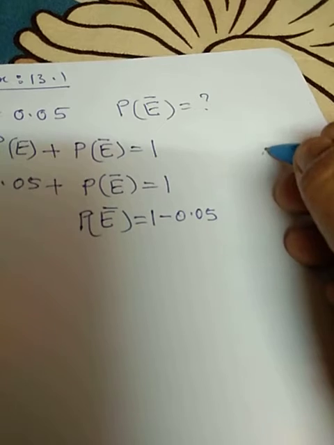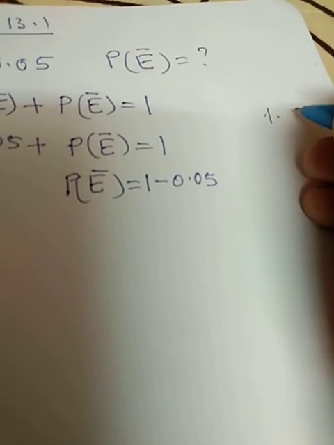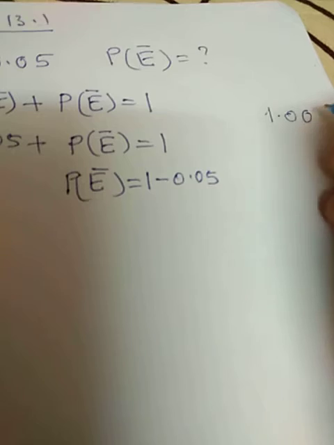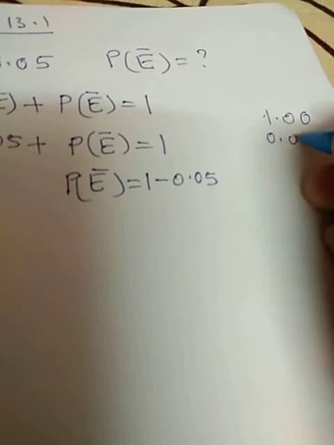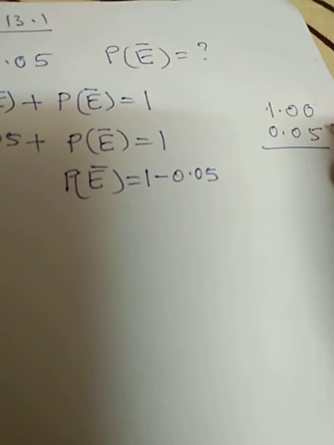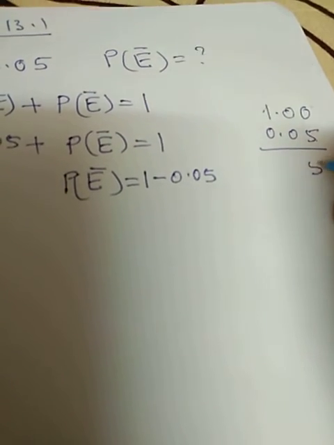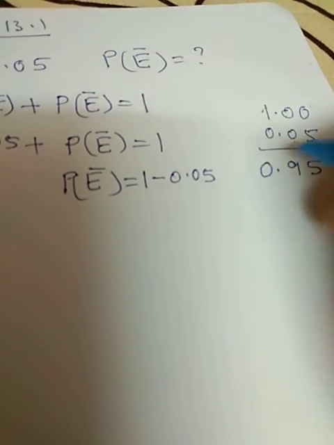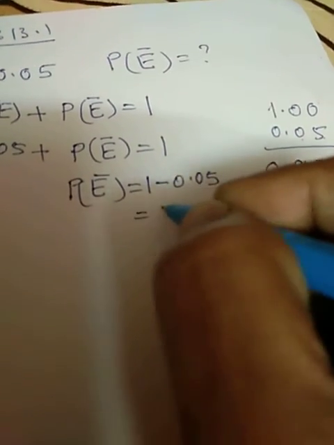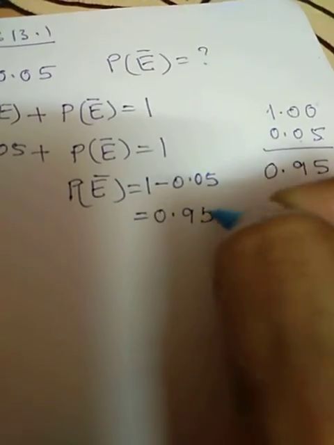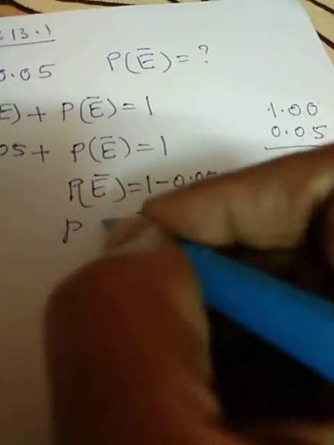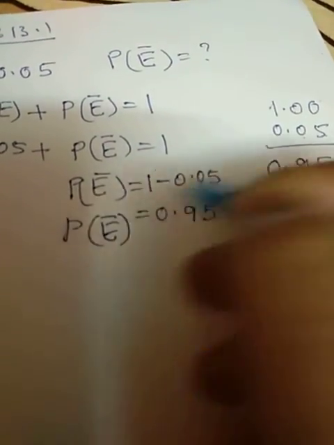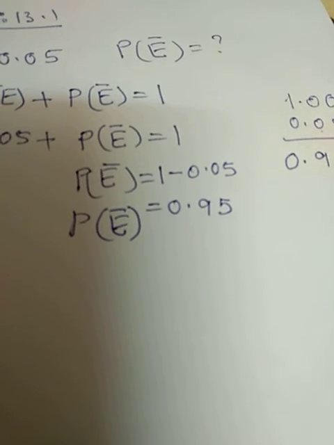Carefully do the subtraction: 1 means 1.00 and here 0.05. After subtracting, 10 minus 5 is 5, here we get 9 and here we get 0. So the answer is 0.95. The probability of not E is 0.95.